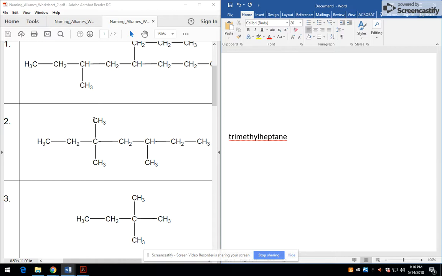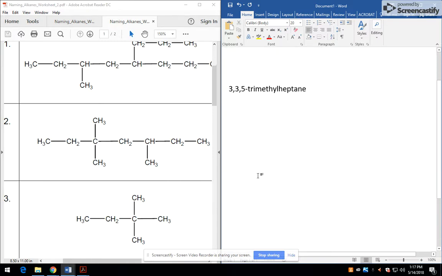So there's 1 off the 3, another off the 3, and then 1 off the 5. So that would be 3, 3, 5. Trimethyl heptane, written just like that. That's how you write it. The number of numbers, if you like to think about it this way, should agree with the prefix if they're all the same.